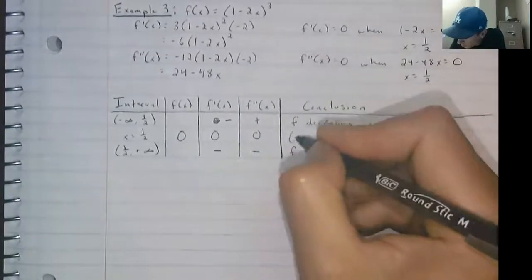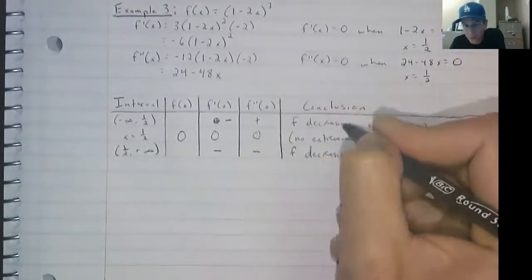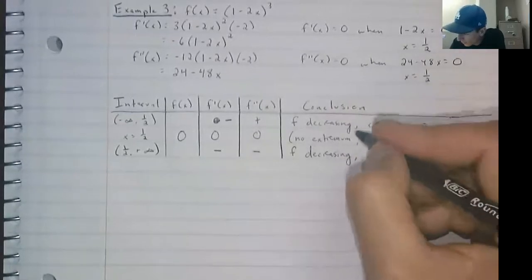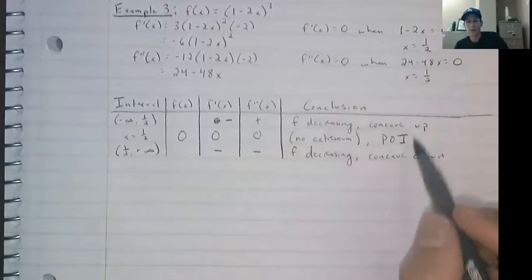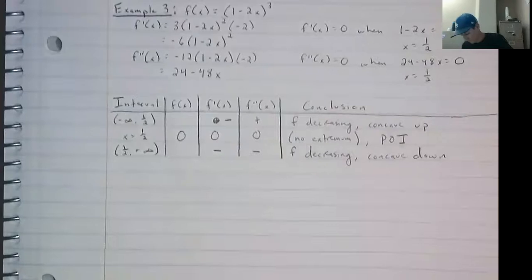So no extremum, because we were decreasing, we're still decreasing, but we do have a point where we've gone from concave up to concave down. The sign of our second derivative has changed.